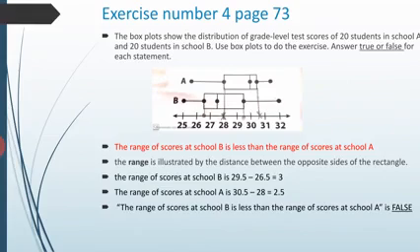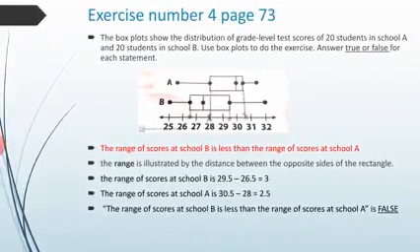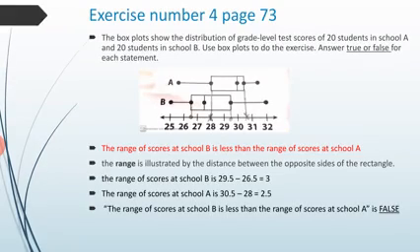So the range of school B is equal to 3, and the range of school A is equal to 2.5. So the statement that the range of scores at school B is less than the range at school A is false, because 3 is bigger than 2.5.